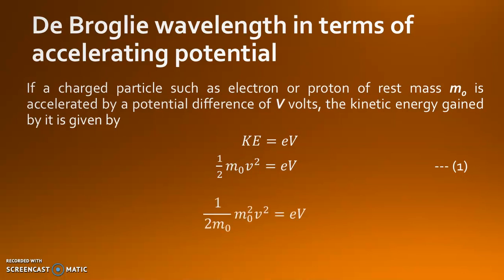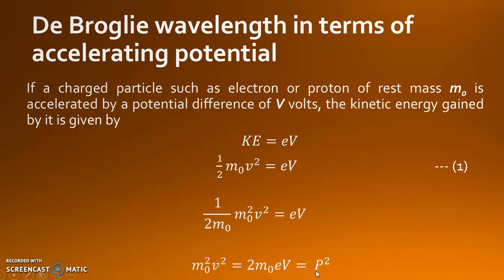Now again we have to rearrange this equation in terms of p. So to get p square, we multiply with m and divide with m, here m naught instead of m. Now we take the two m naught to the other side, so it gives m naught square v square is equal to 2 m naught eV, which is p square.